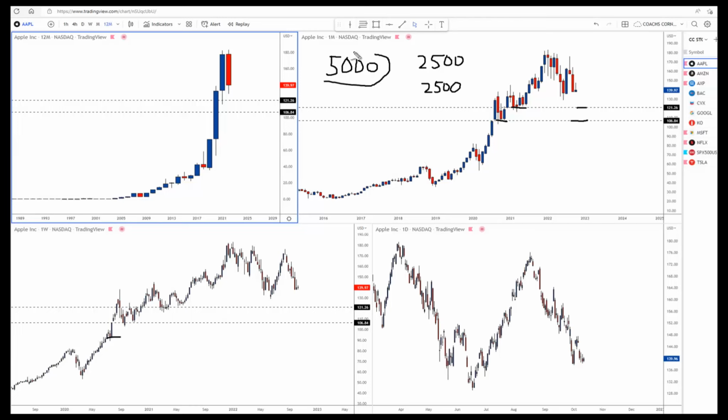If your budget is $5,000 per stock, that's it. You enter the first one here, the second one here, and leave it alone, because at some point price will move away and you won't be seeing these levels again.